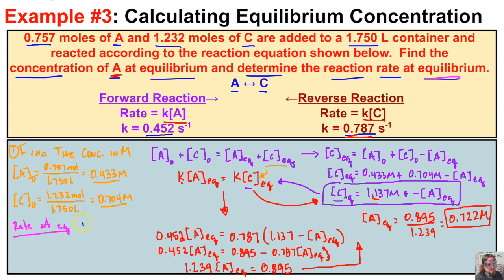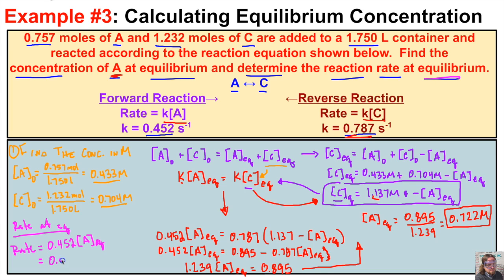The rate is going to equal K, which we know is 0.452, times the concentration of A, which we just figured out, at equilibrium, times the concentration of A at equilibrium.